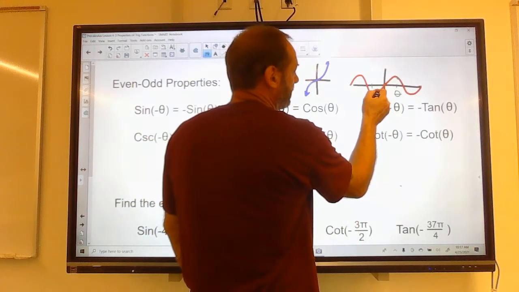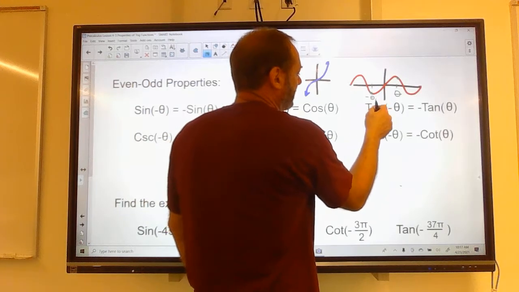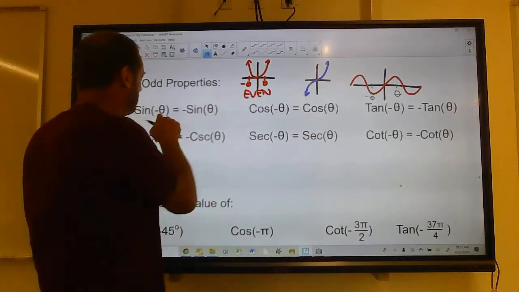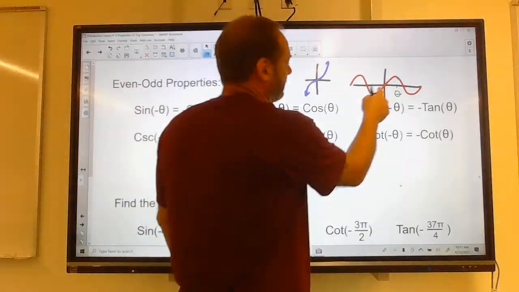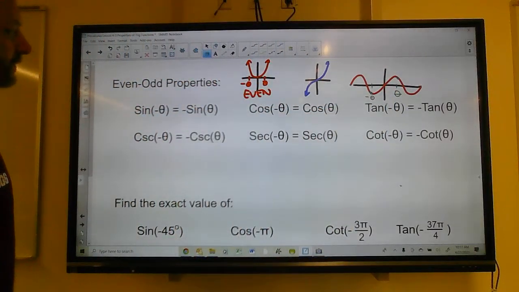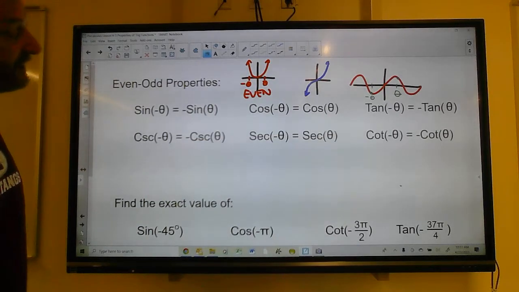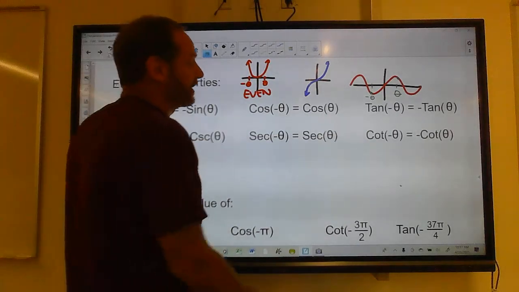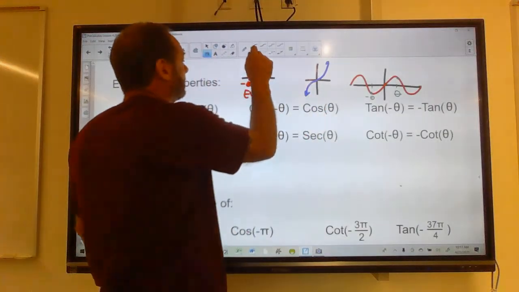This one's a positive number, this one's a negative number, so I can take the negative out, put it on the outside, and then it's just this. Now, cosine is an even function. It's symmetric to the y-axis because it looks like this.